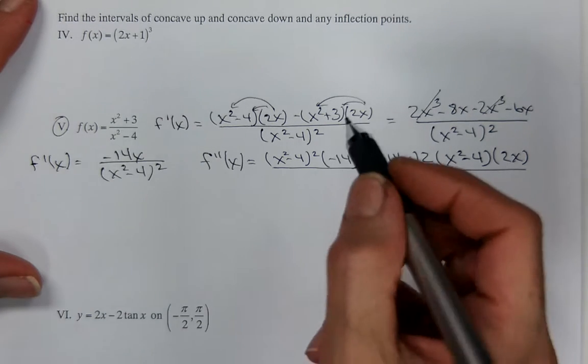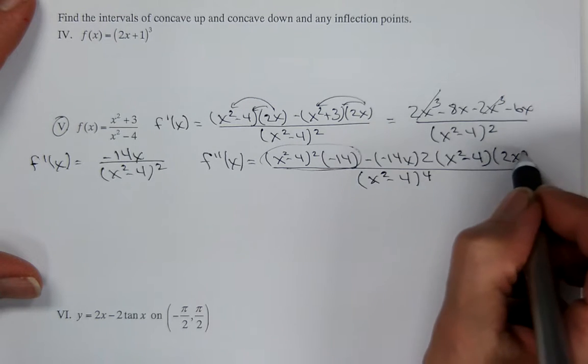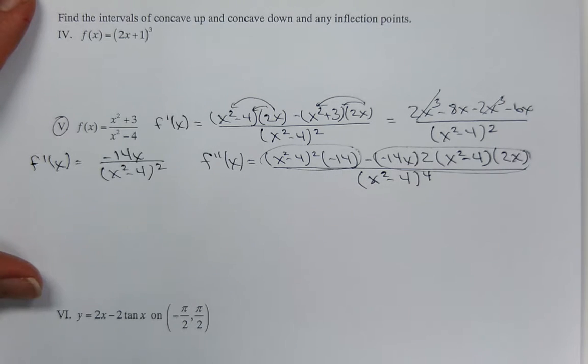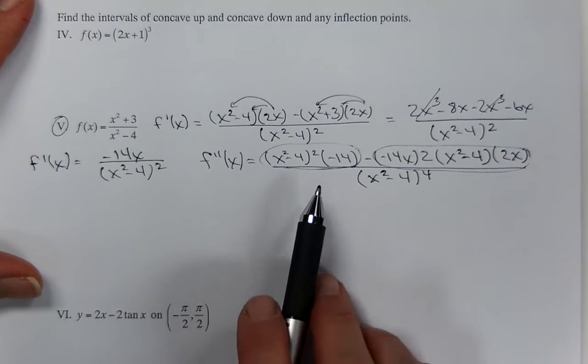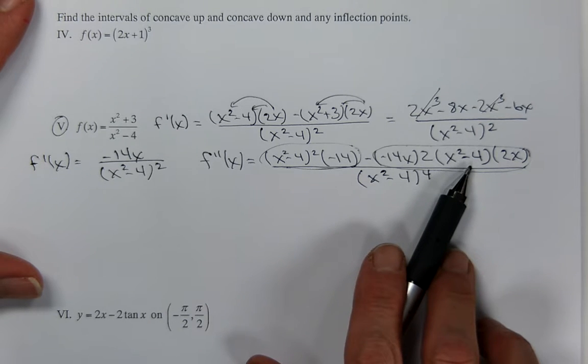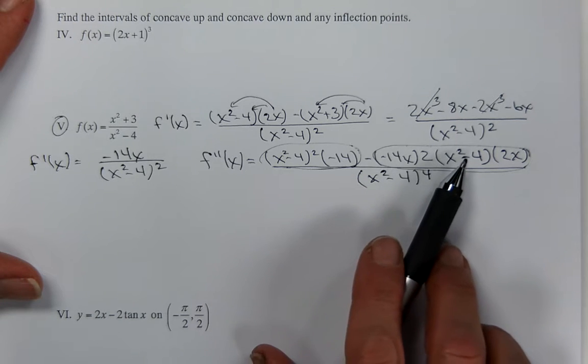And here we have two terms. Here's a term, and here's a term. And we want to take out the greatest common factor. And in each of these, it has a binomial factor of x squared minus 4. So we're going to factor that out, because then it will cancel with the denominator. And we take out the lowest power.